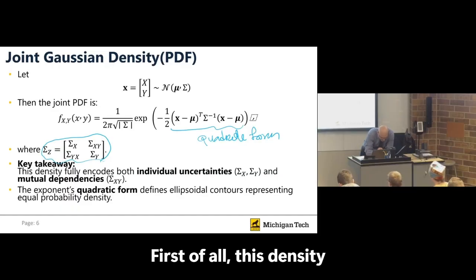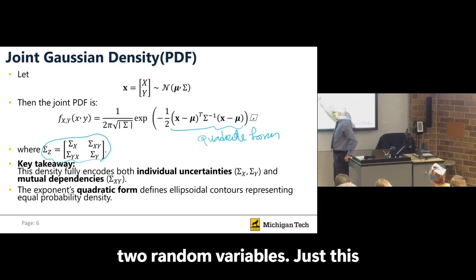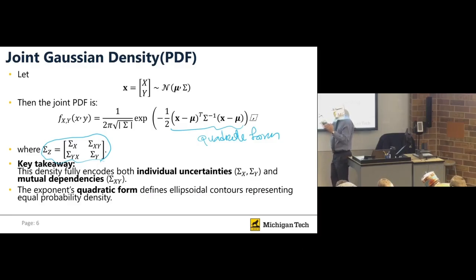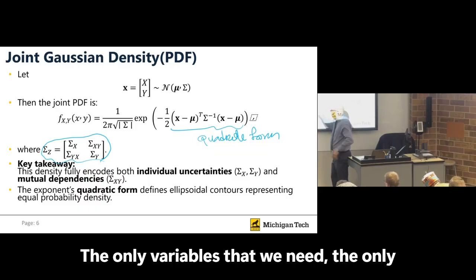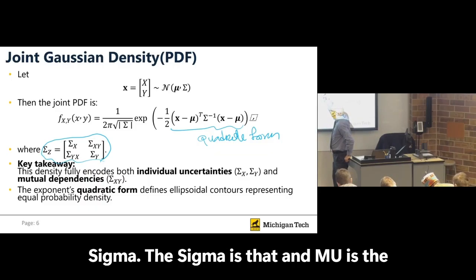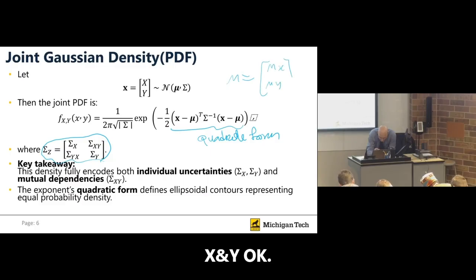First of all, this density completely explains everything about these 2 random variables. Just this formula explains everything. The only unknowns that we have here are mu and sigma. The sigma is that, and mu is the mean. What is mean? Mu x and mu y.